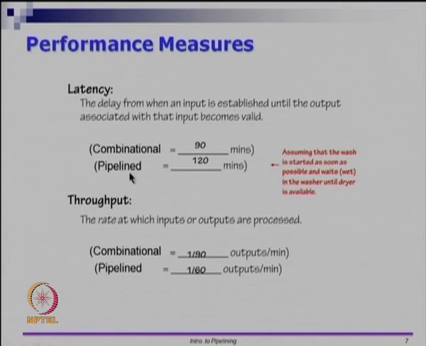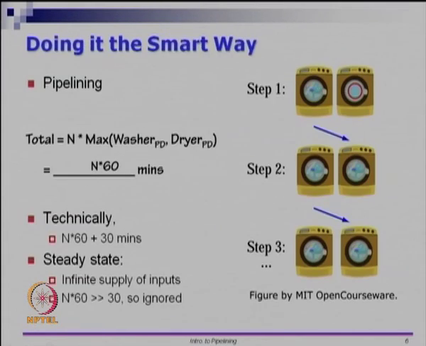Whereas, if I do it in a pipeline manner, let us go back to the picture. So, if I take a load, then I put it for wash, which takes 30 minutes. Let us say I start wash and dry at the same time step. At time step 2 I have taken the first wash and I put it here, and I have taken a new load and put it for wash. Right.